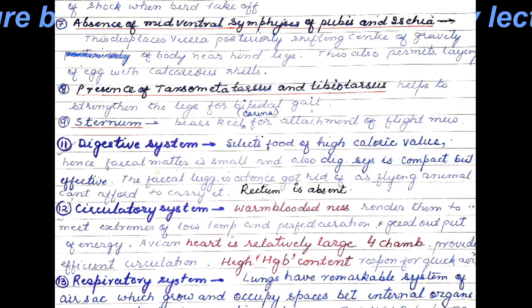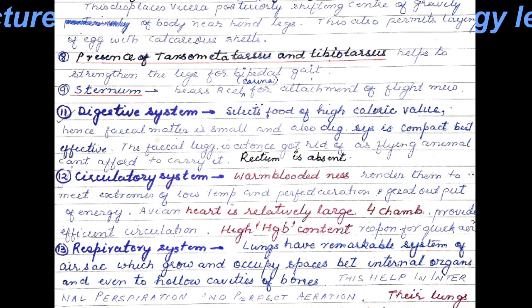Because the rectum is absent and the birds cannot store the digested food material too long, it has to void the digested or excretory material at once, even though the bird is flying in the air. Then in the circulatory system, the birds are warm-blooded, which enables them to meet extremely low temperatures while flying high.